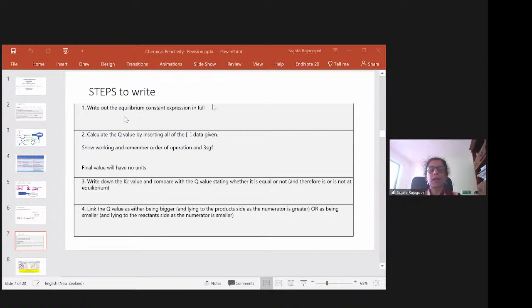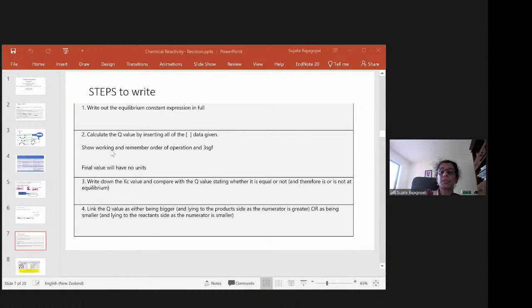So how to write the answers? First write out your equilibrium constant expression in full. Then sometimes they give you an equilibrium constant and ask whether the reaction has reached the equilibrium position.